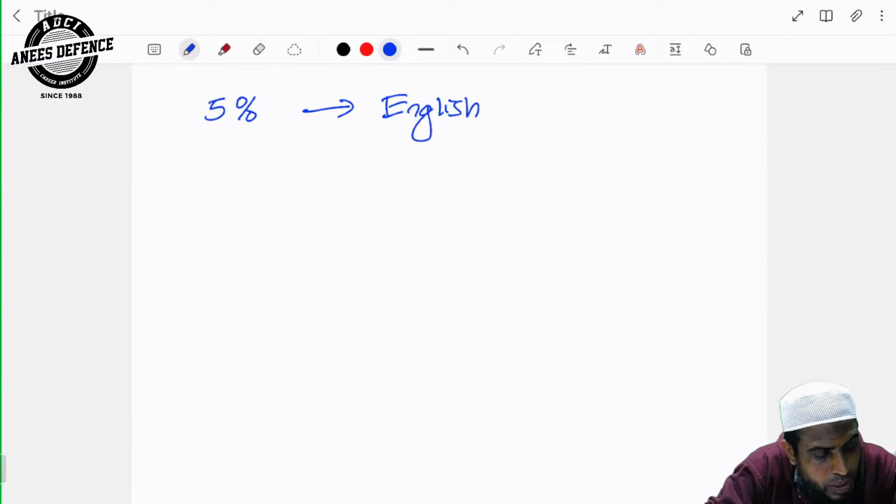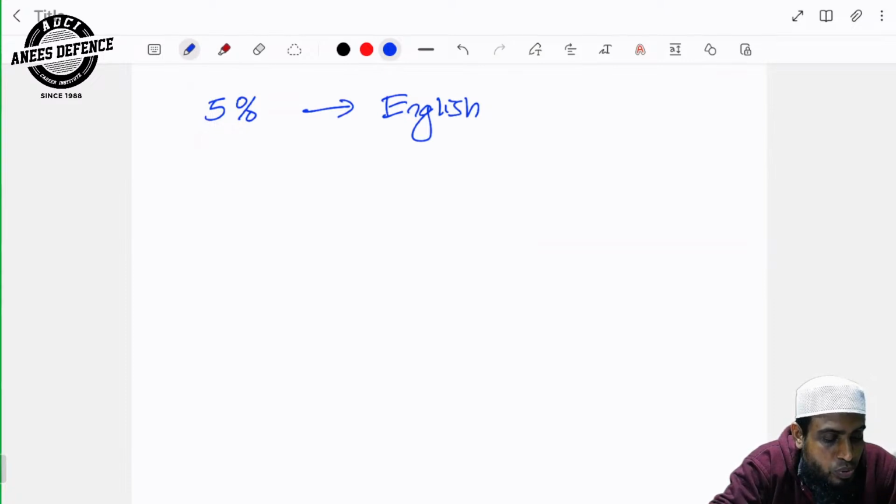And 50% of the remaining books are in Sanskrit. If the remaining books are in French and such books are 11628, then find the total number of books in the library.